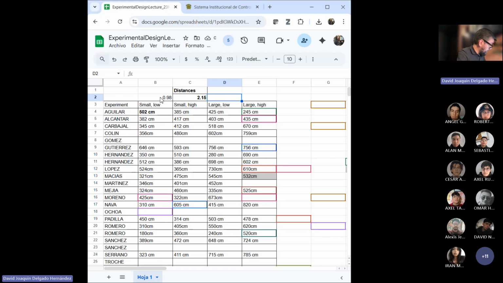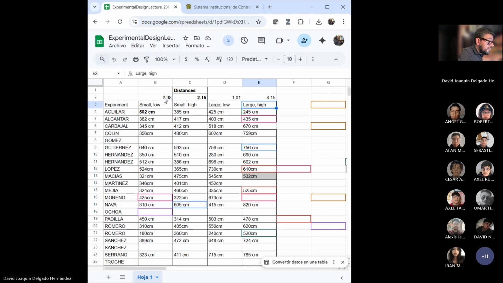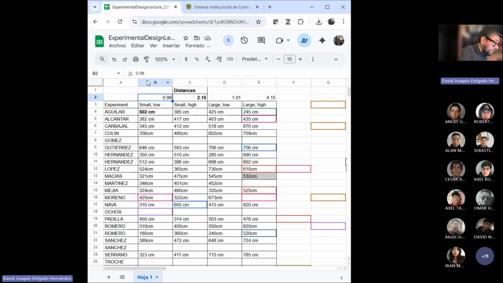Large low, it is 1.01. And large and high, it is 4.15. Okay. This is recorded in meters.